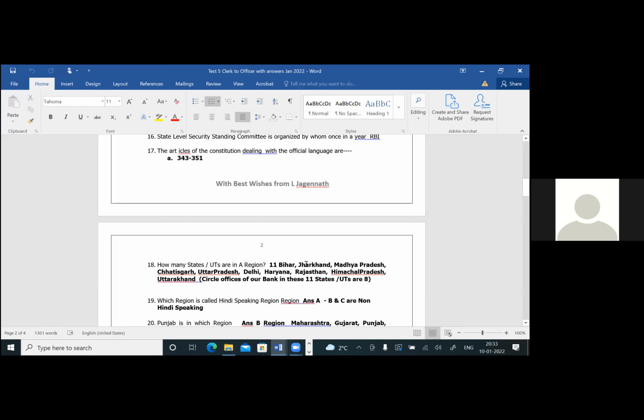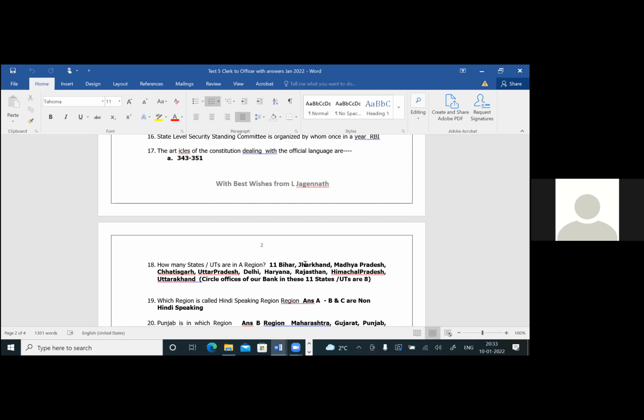A region is called Hindi-speaking states. B and C regions are called non-Hindi speaking states.